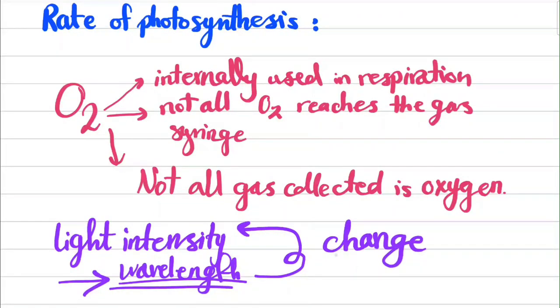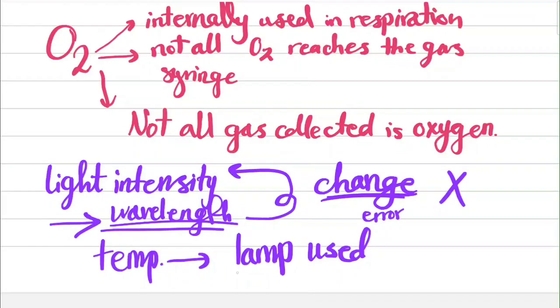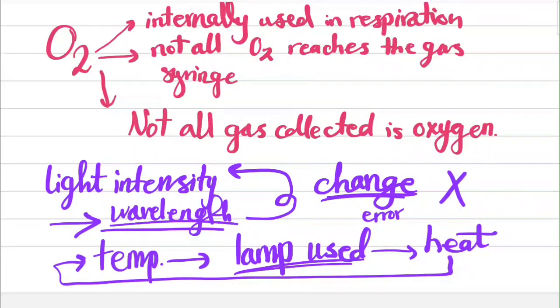It's not constant now, so this is an error in our experiment. And last but not least, we also care about other controlled variables such as temperature. Now, temperature is affected by the lamp used. This lamp will produce heat, which in turn increases the temperature.